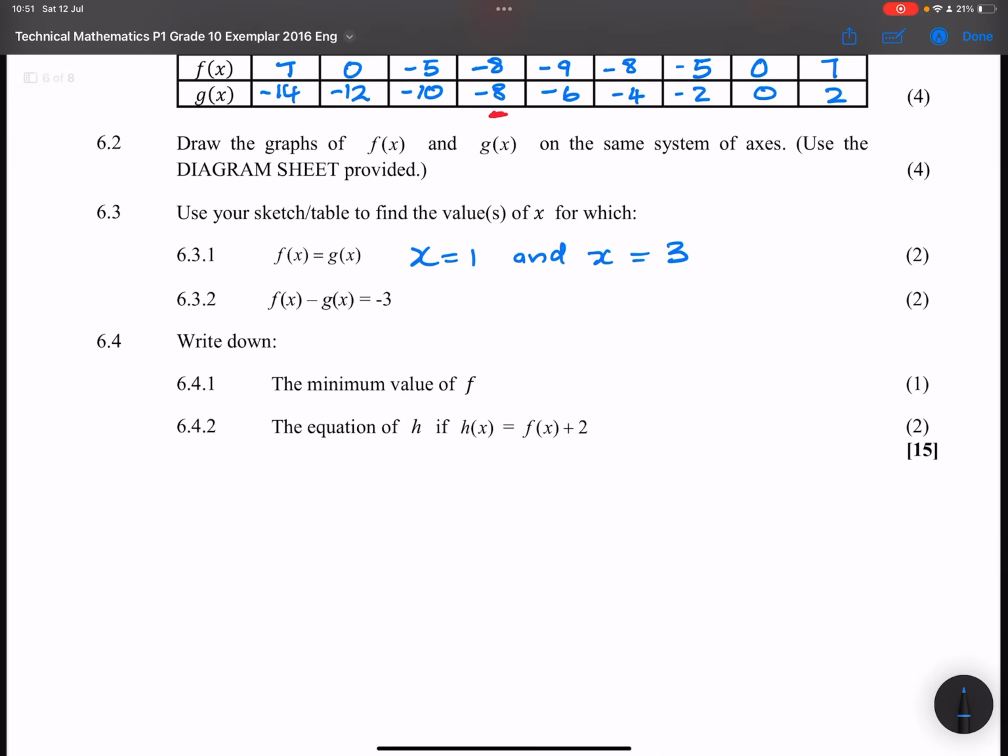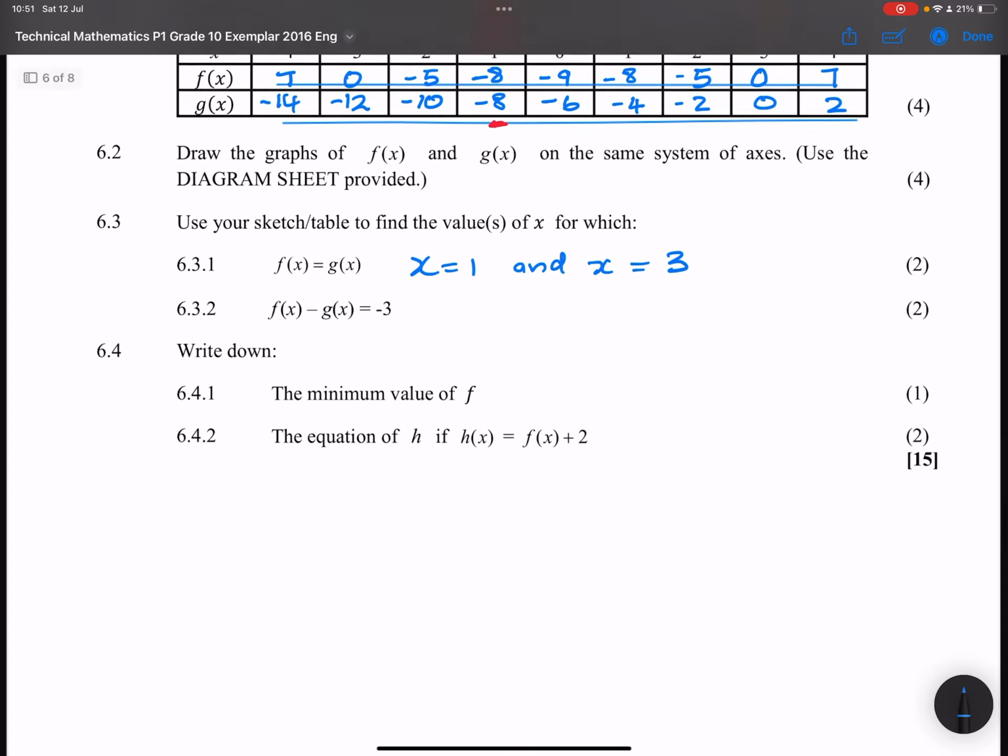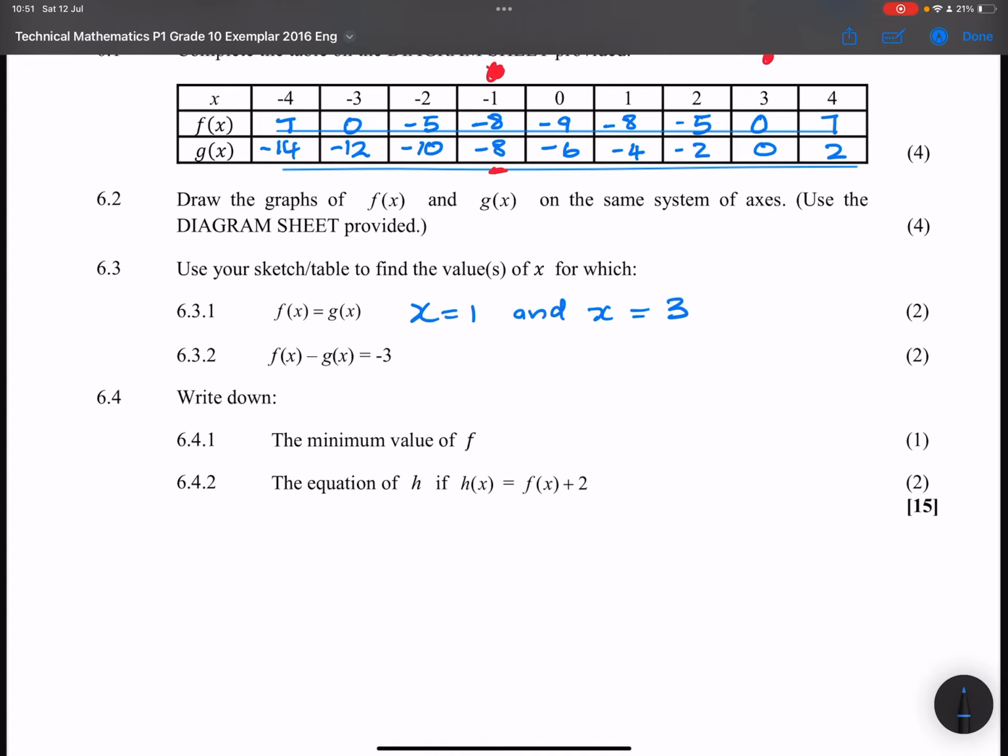Now they say to us, where is f of x minus g of x equal to -3? Note you are taking f of x minus g of x. So where would the difference between the two give us a -3? Well, 7 minus 2 definitely does not give us -3. But if I say -5 at x is equal to 2, minus a -2, that definitely gives me -3.